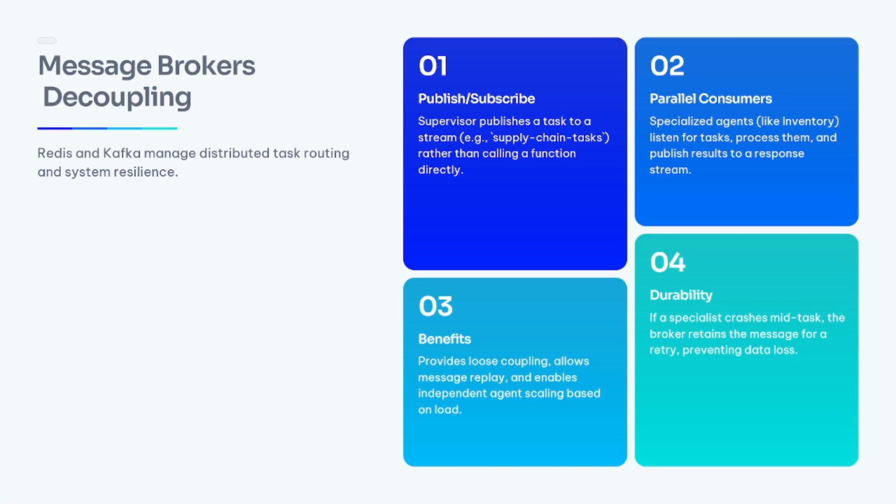And the benefits: this provides loose coupling, allows message replay, enables independent agent scaling based on load, and can be durable. So if an agent crashes mid-task, the broker retains the message for a retry, preventing data loss. So PubSub is very, very important. So you can make your agent operate through event-driven architecture using publisher and subscriber.